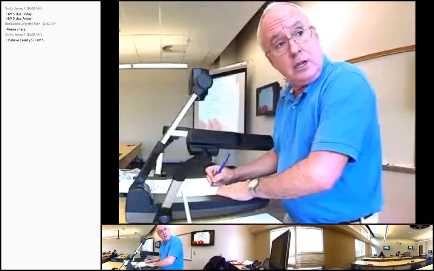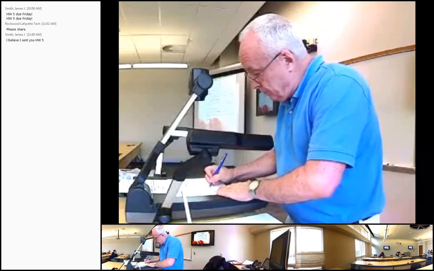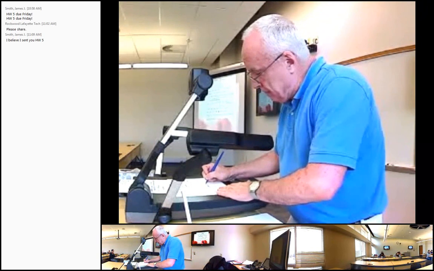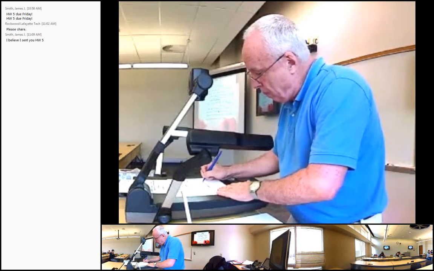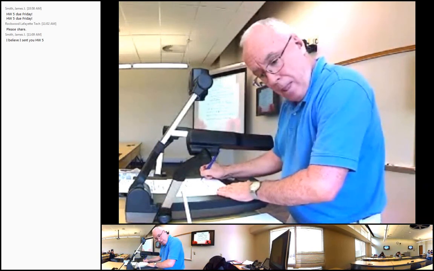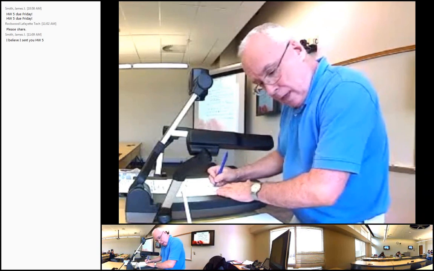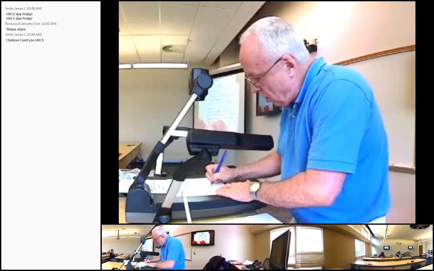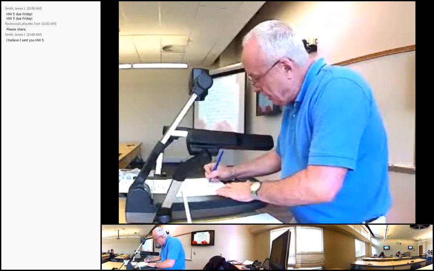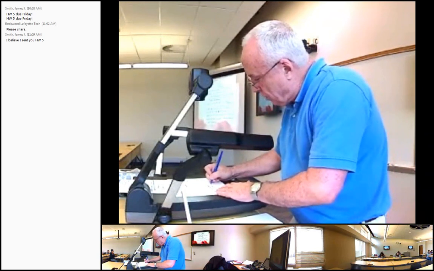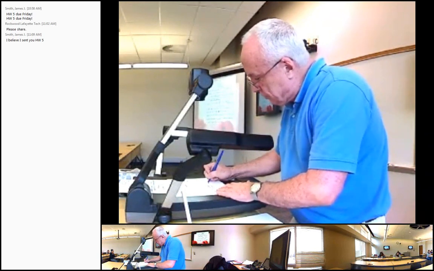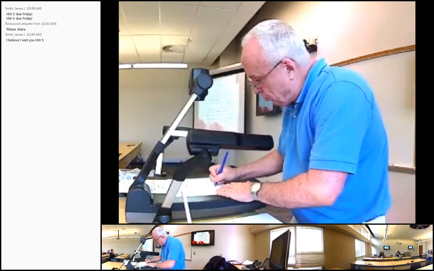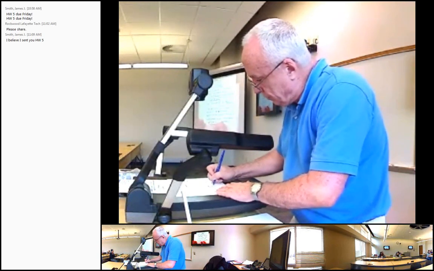So cut the surface with a vertical plane and get a curve. We'll call it capital C. And so this curve is on the surface, and it's going through the point P.